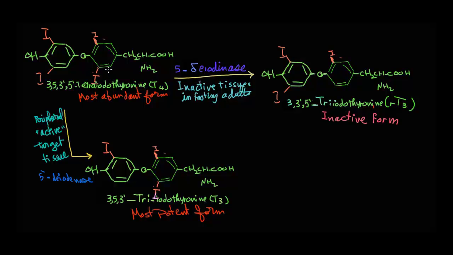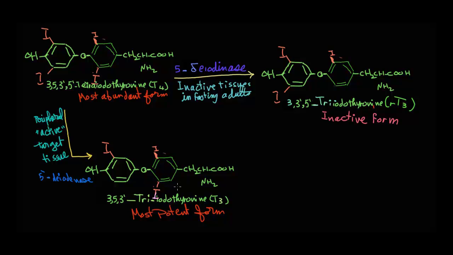Deiodination here takes place at position 5. So RT3 is 3,3',5' triiodothyronine, and it is the inactive form.